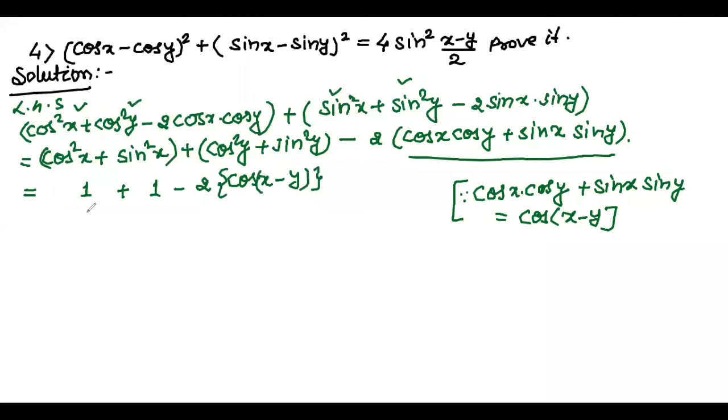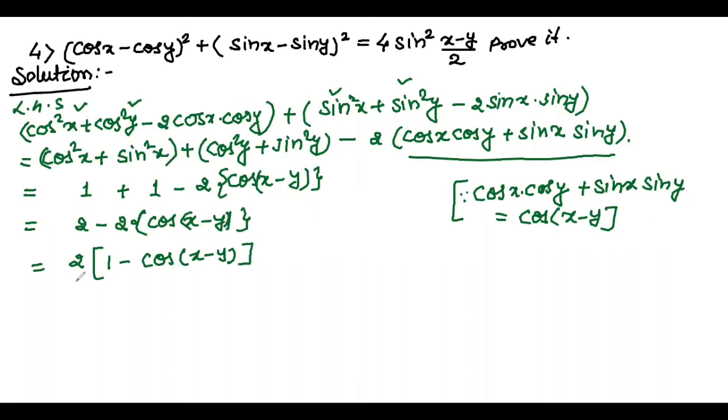Now 1 plus 1 means 2, so we can write 2 minus 2 cos (x minus y). So 2 we can take common, and we get 1 minus cos (x minus y).